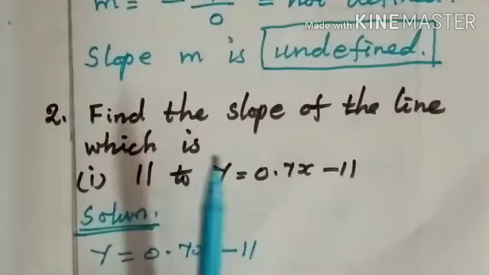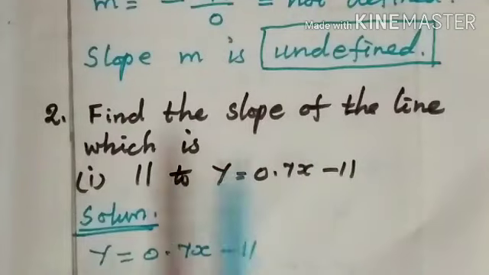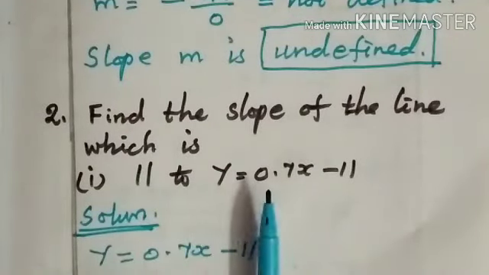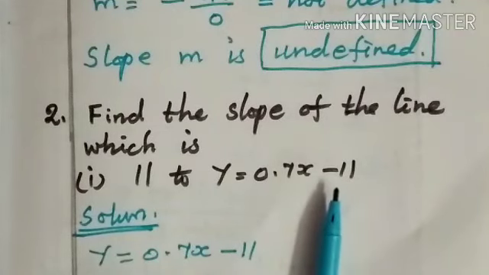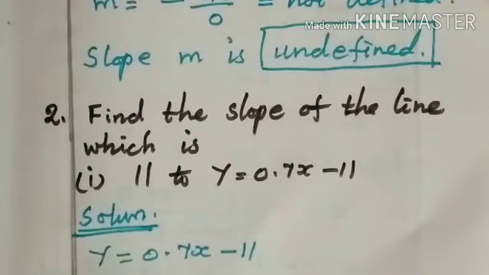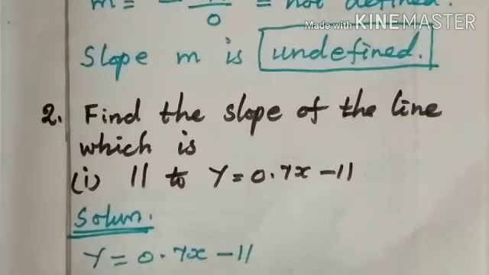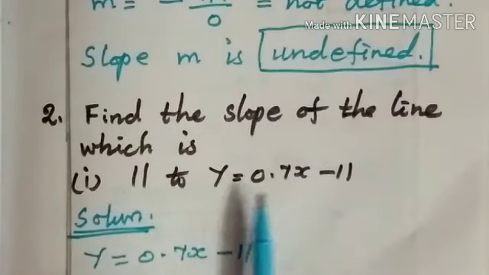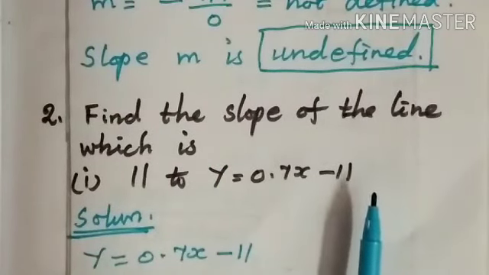See the second question. Find the slope of the line which is parallel to y is equal to 0.7x minus 11. First you take down and write the given equation. Now you have to observe this. This equation is in the form of y equal to mx plus c.